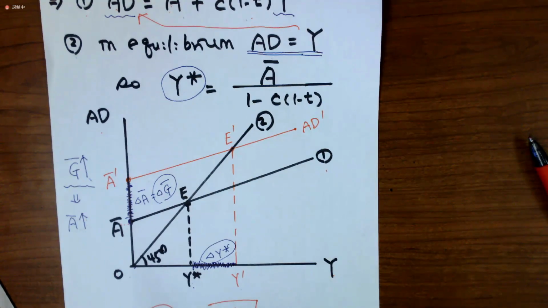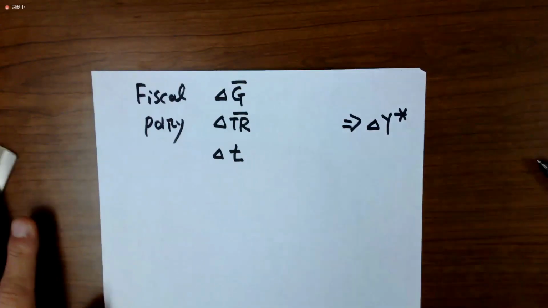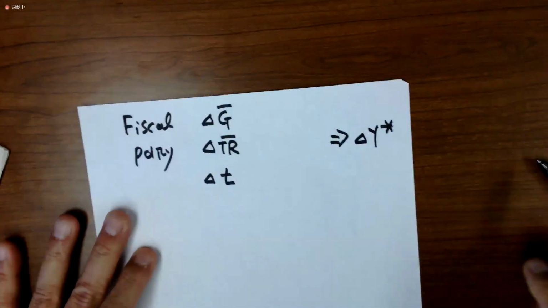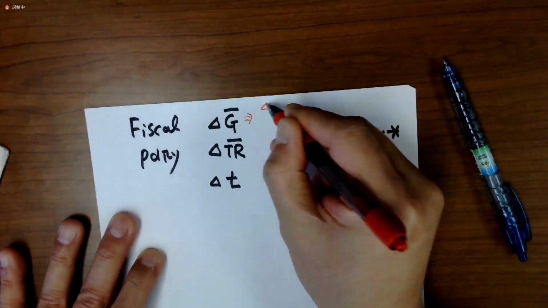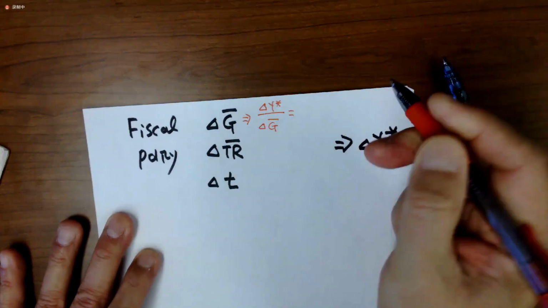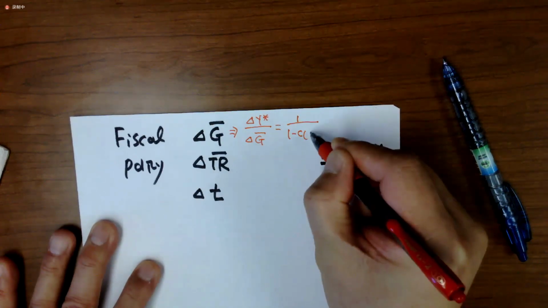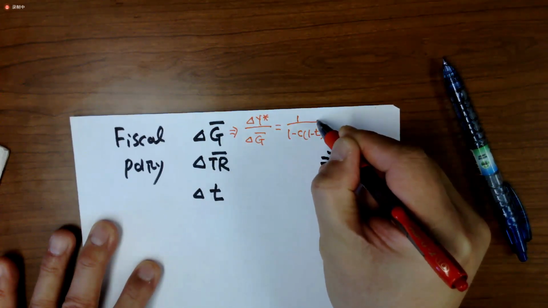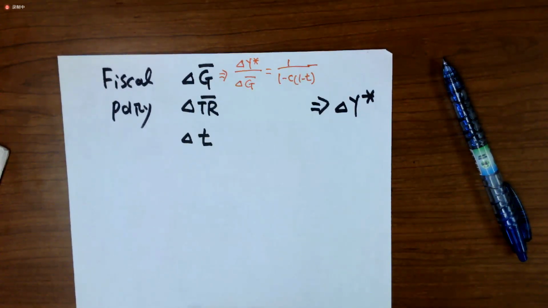Okay? So in the end, suppose there's a change in government spending. What you're going to see is that the change in equilibrium output divided by the change in G bar is going to be equal to 1 over 1 minus C, 1 minus T. Question for you.